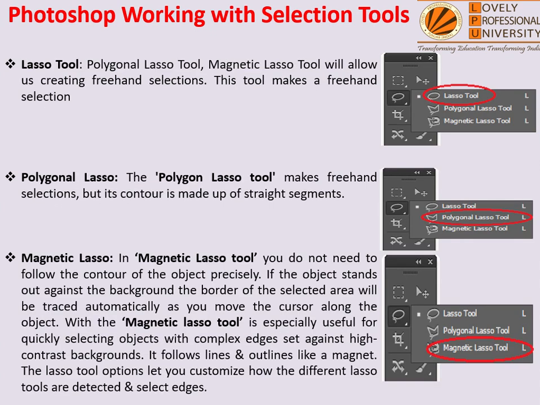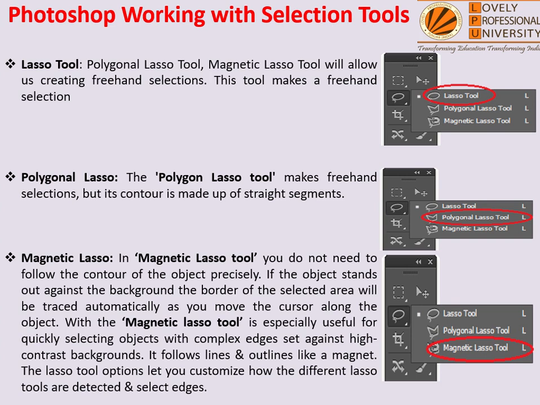So the lasso tool, we know about the lasso tool. Again, it is a freehand selection tool, and this will be helpful whenever you want certain freehand selections to be done. Polygon lasso is again a kind of freehand selection tool, but its contour is made up of straight segments. So if there are straight segments, polygon lasso is useful.